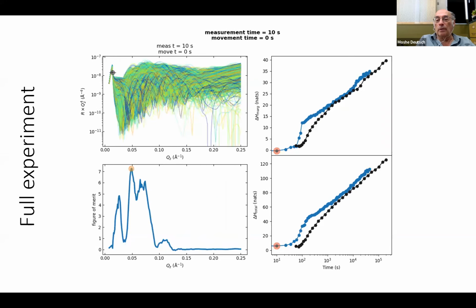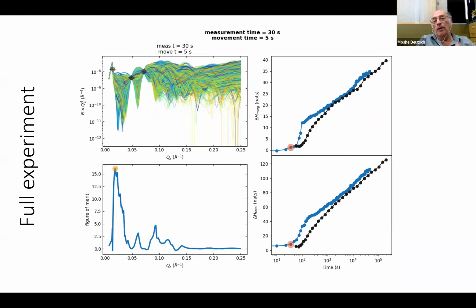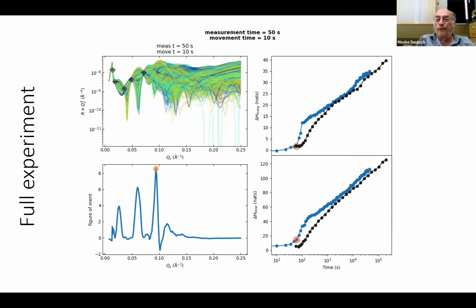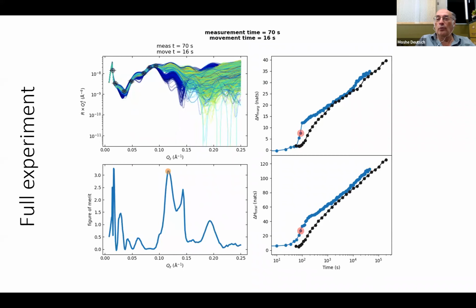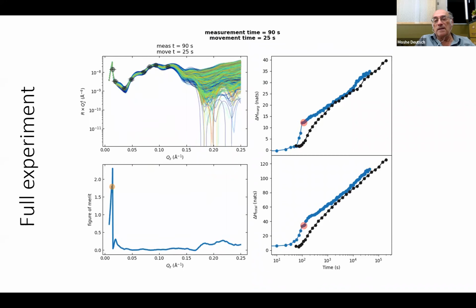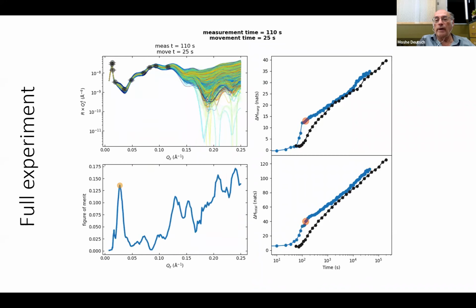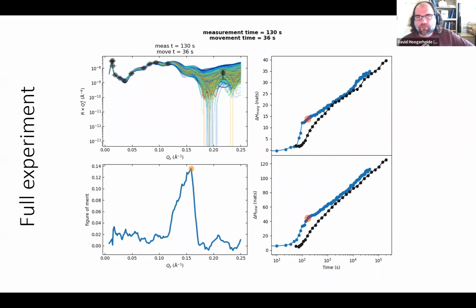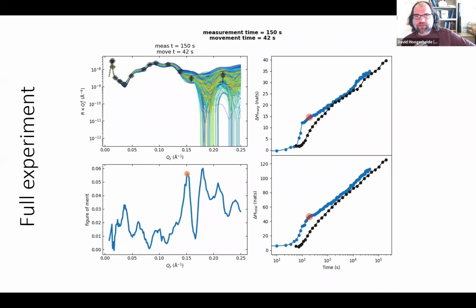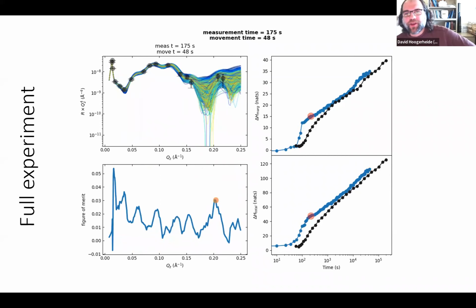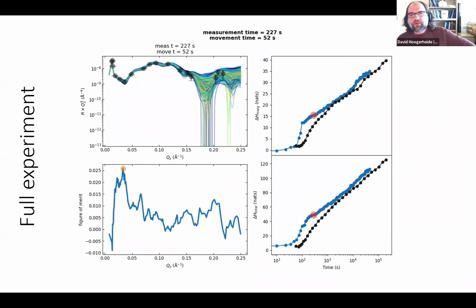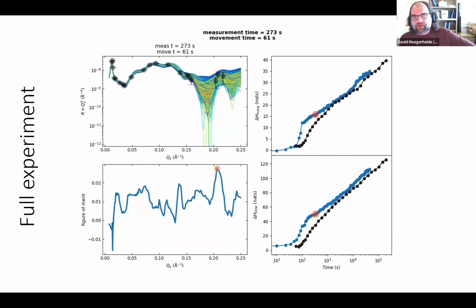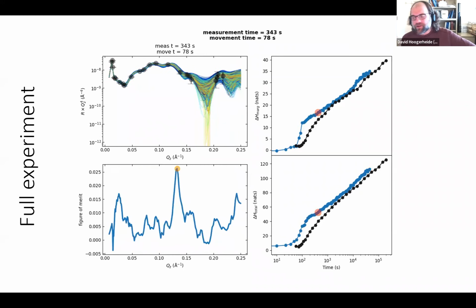If you were to measure sequentially, you would have gotten a full reflectivity curve, although not optimized for intensity. Am I correct? Yeah, that's right. If your beam goes down while you're measuring point by point, of course, you'd still get a partial curve.